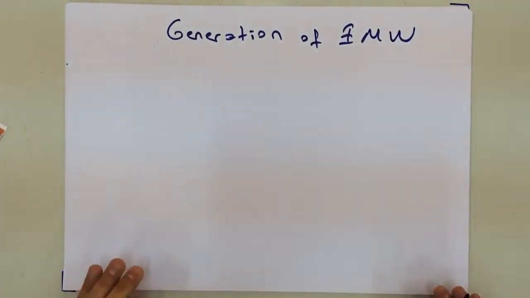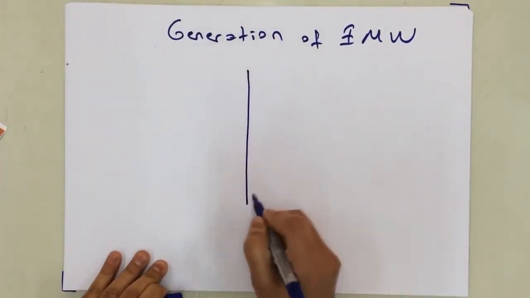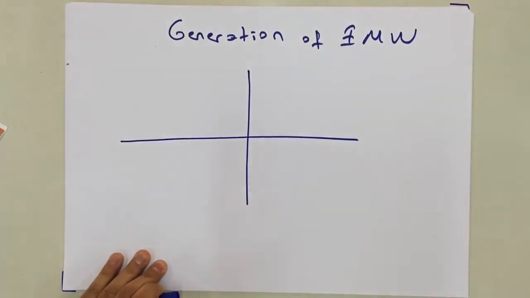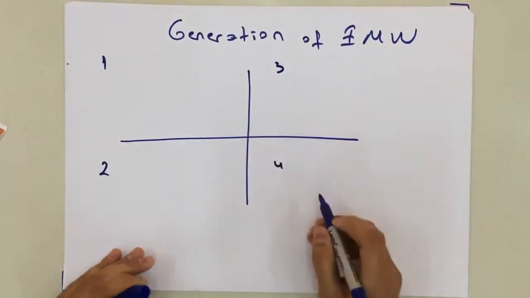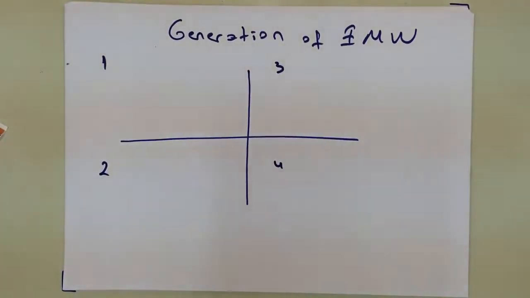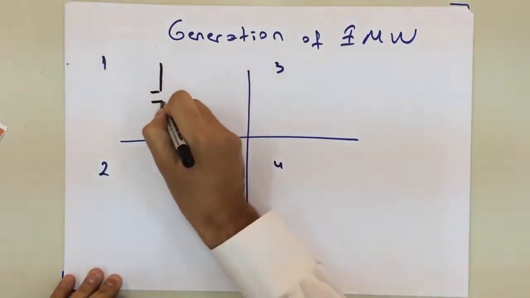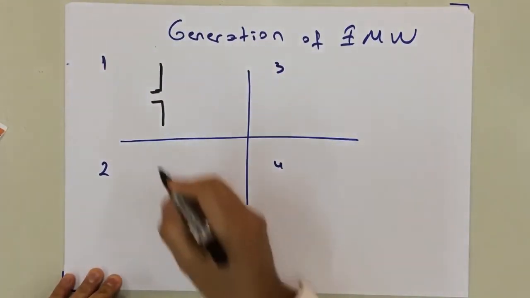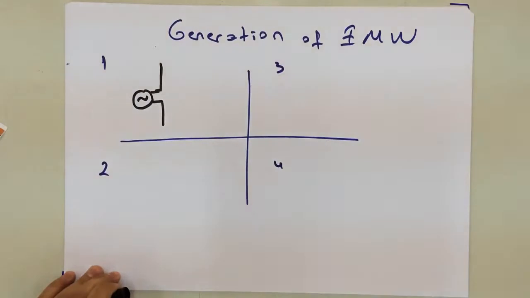We can explain generation of electromagnetic waves in 4 steps. First one, second one, third one, and fourth one. Let's explain them. In order to generate an electromagnetic wave, we need an antenna, like that. And we need an AC source which is connected to the antenna.